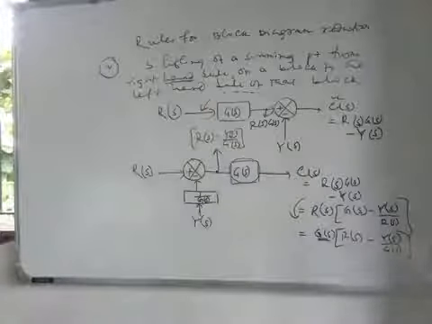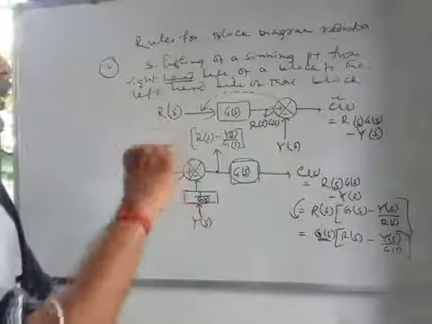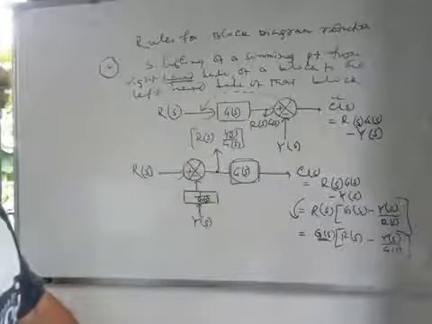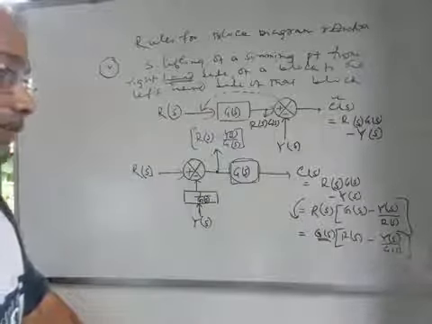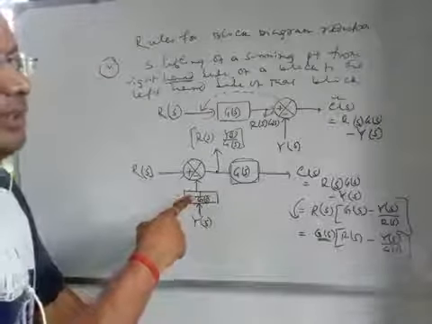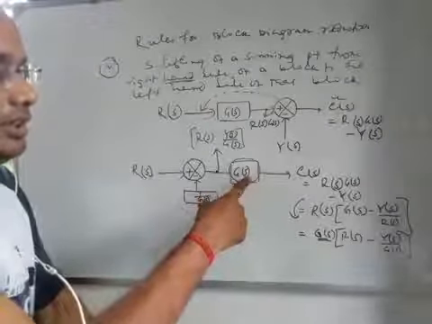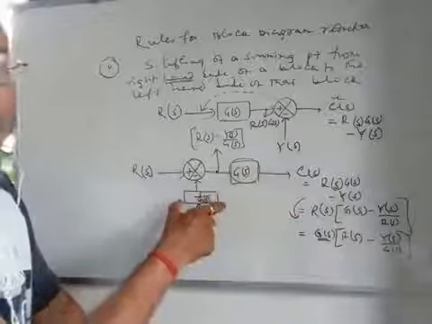From here we can see what the case is when shifting a takeoff point from the right hand side to the left hand side of the block. In the case of takeoff point shifting, it was the multiplication of the same block from the right hand side of the block to the left hand side that we moved, right?